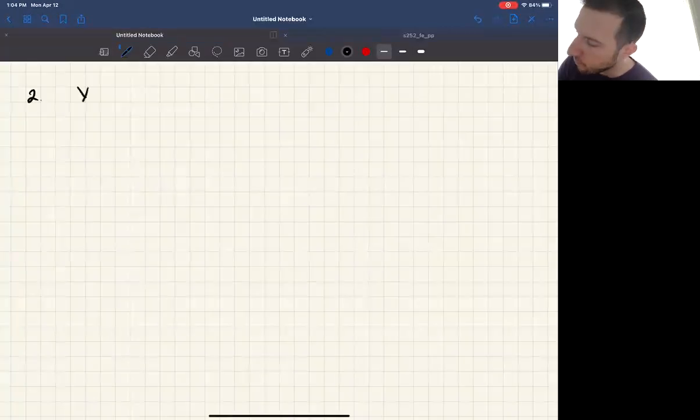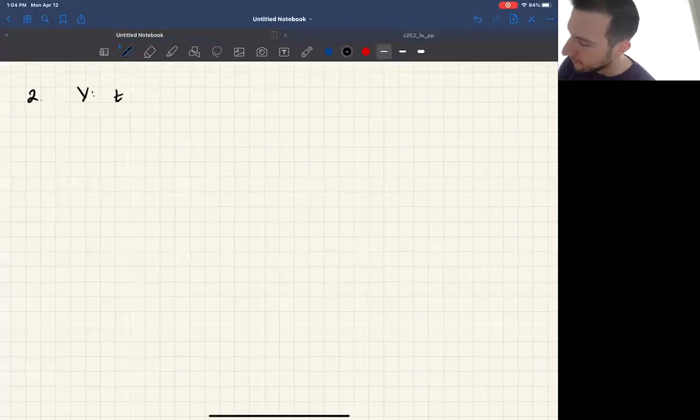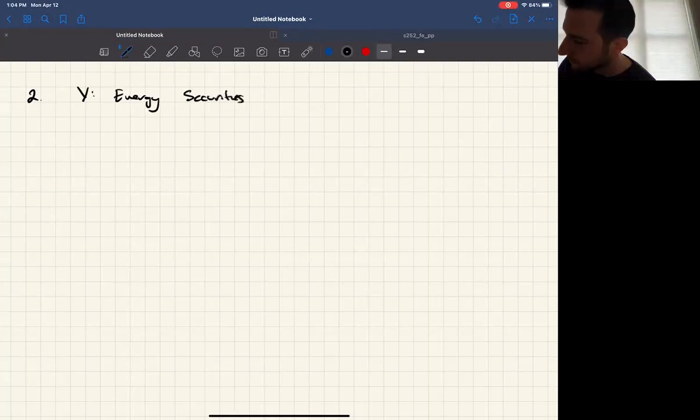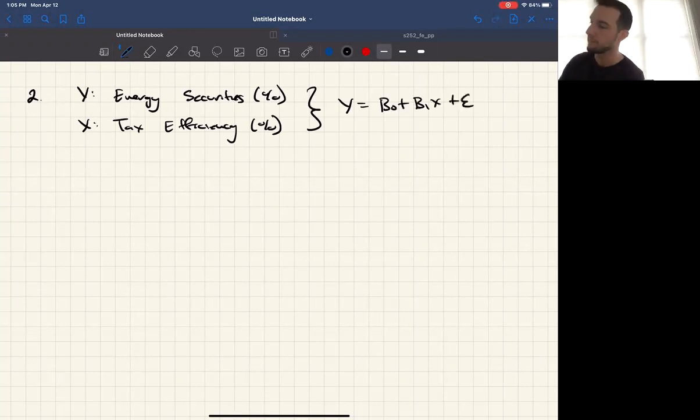So we have Y is energy securities, and we have X, in percent, is tax efficiency, also in percent. Okay, so our linear model is going to be Y equals beta 0 plus beta 1 X plus epsilon.